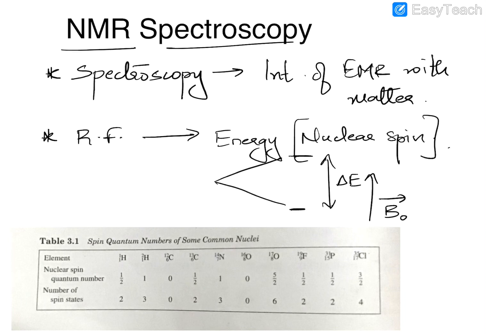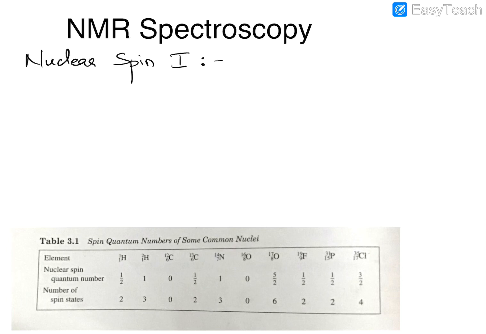So all this comes about based on possessing a fundamental quantum property of a certain nucleus called nuclear spin, and the nuclear spin is designated as I. This nuclear spin is quantized, in the sense that it can't take all the continuous values possible.